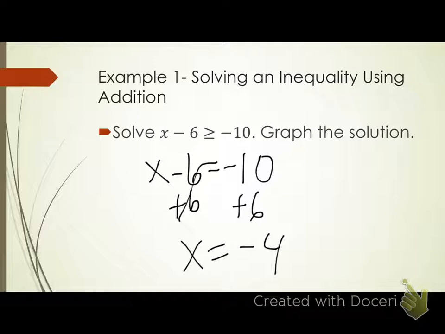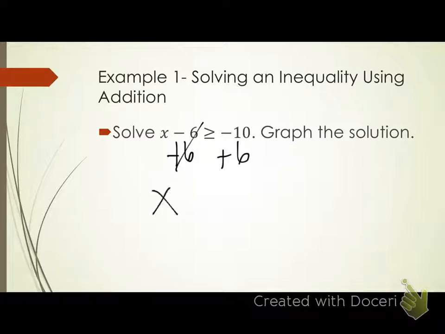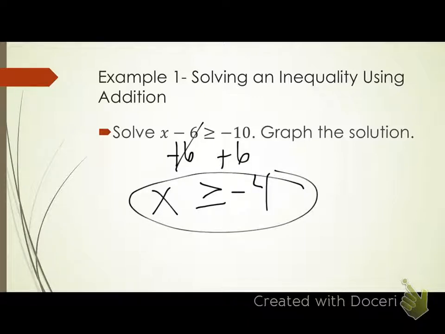Very good. Very similar today. How do you think I get x by itself for this inequality? By adding 6. Add 6 to both sides. So I get x is greater than or equal to -4. There's my answer. Any questions about that?